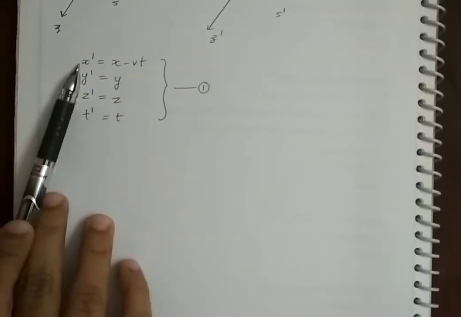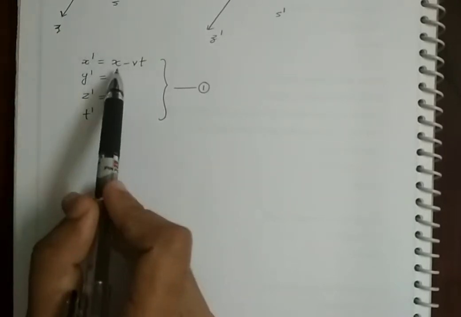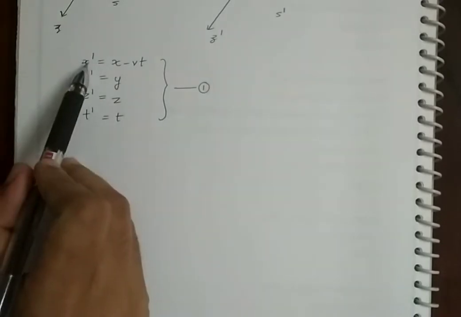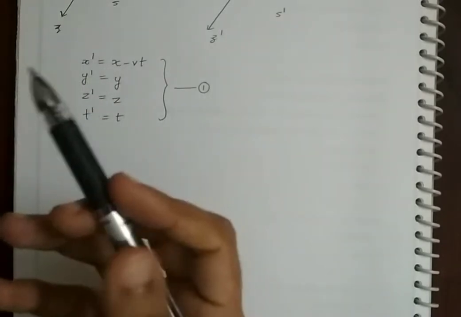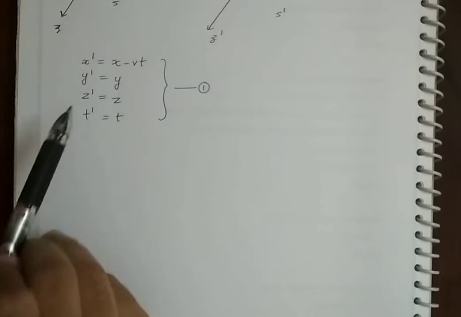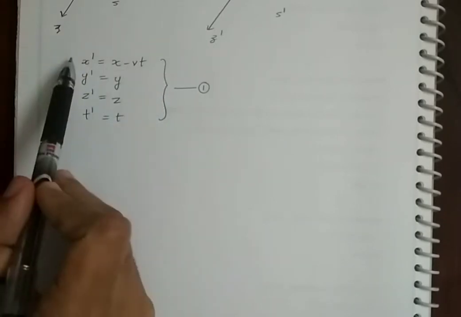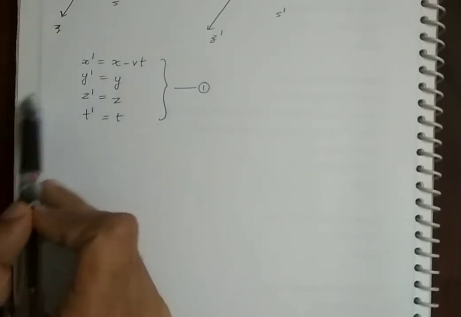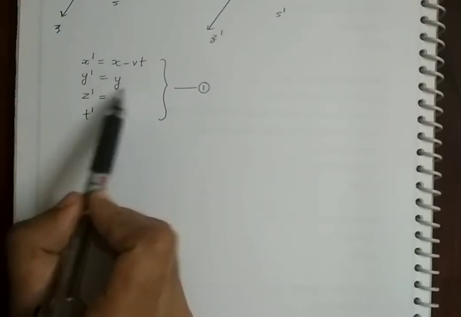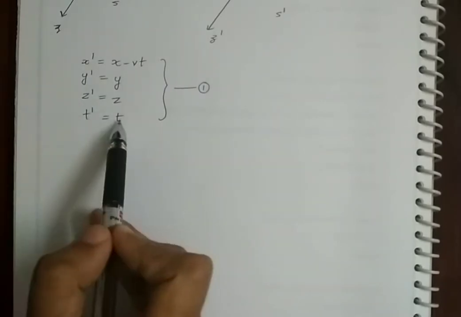So these are the distance or the coordinate axes. Now, in order to get velocity from coordinates, what we have to do is to take the derivative of the coordinates with respect to time. So we have the coordinates x, y, z. To find the velocity along the x-axis, you have to take the derivative of this equation with respect to time, and to find the velocity along the y-axis, you have to take the derivative of this equation with respect to time t.